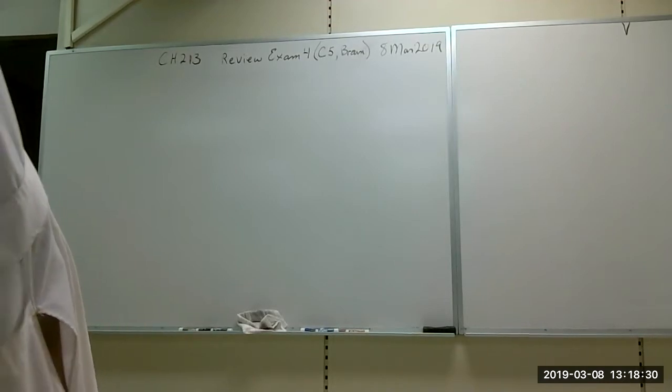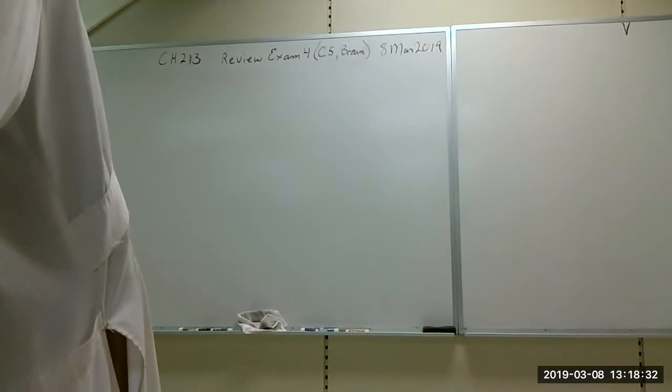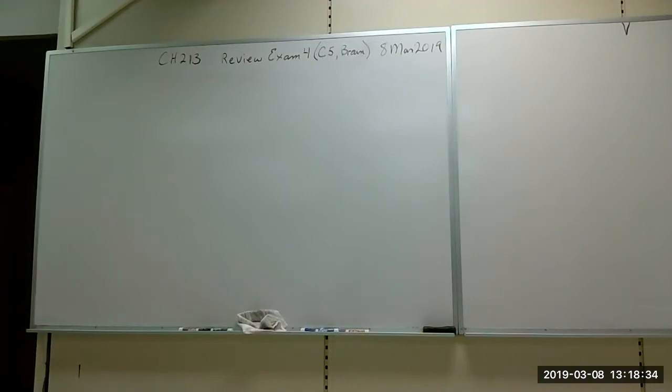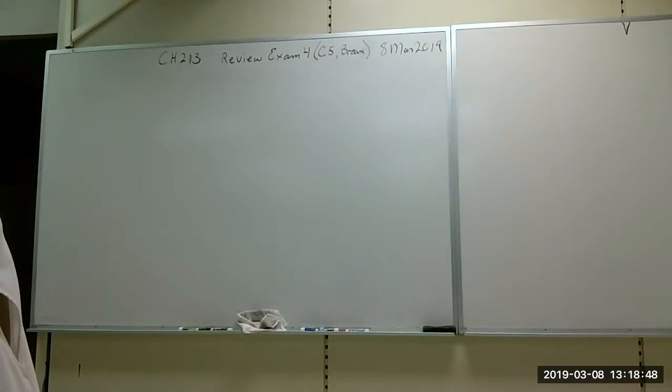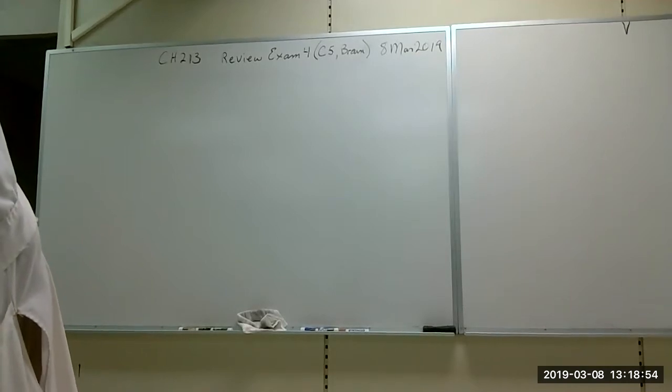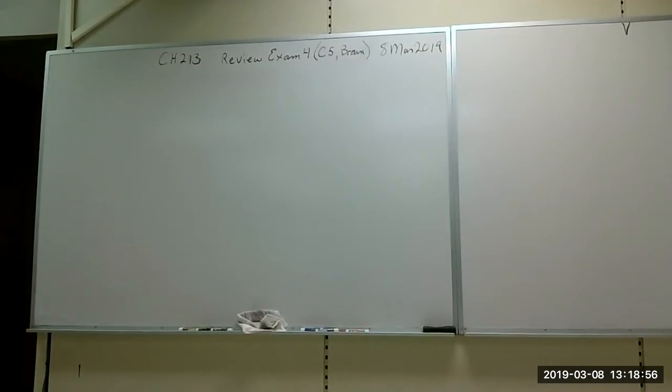I don't want to do a lot of repetition because we'll run out of time if I do. So let me try to find something unique. Unless you have one that's really bugging you, then we'll jump to that one. Number 7 is just an application of that formula, W equals minus P delta V. So that shouldn't be a problem.